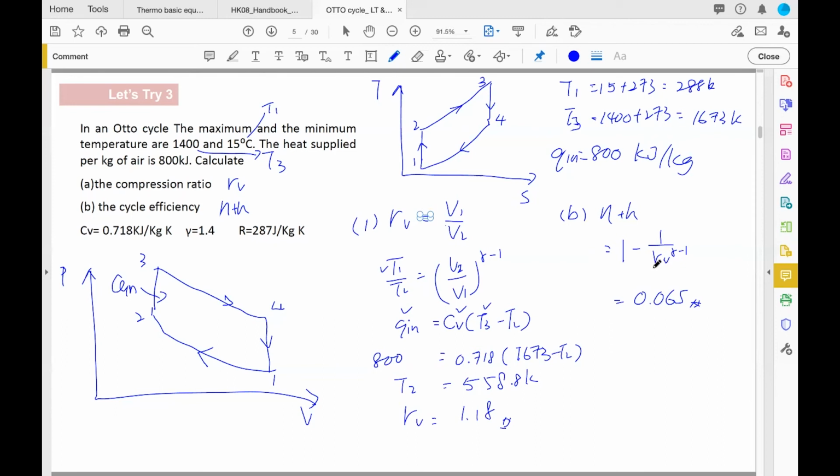For example, you might like to find the Q out first, and then solve it using efficiency equals Q in minus Q out over Q in. That's fine, but there will be a slight difference in the answer. That is okay as well, as long as your steps are reasonable. All right.